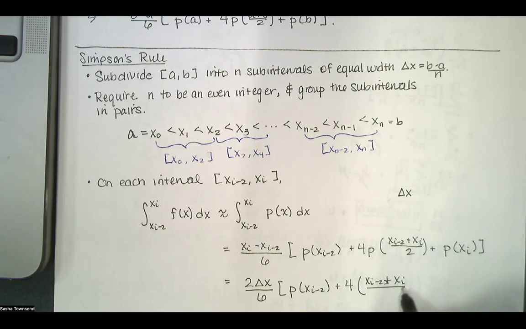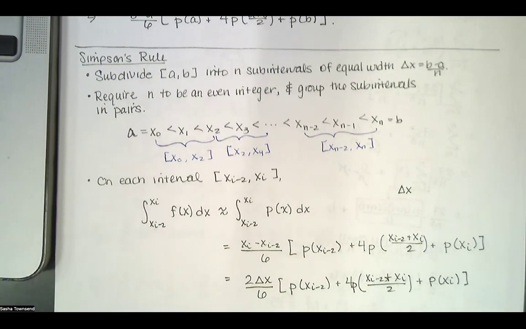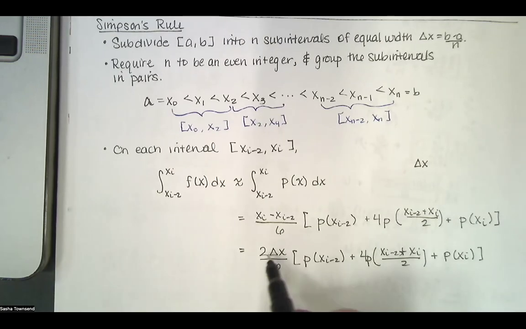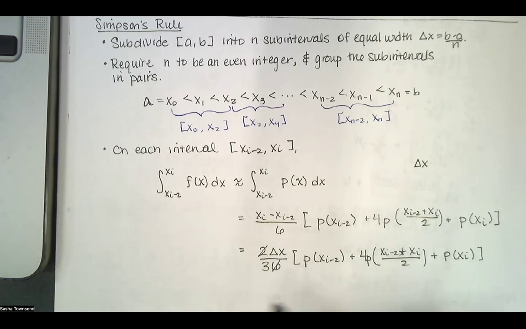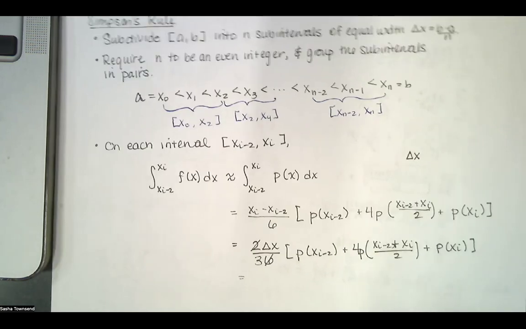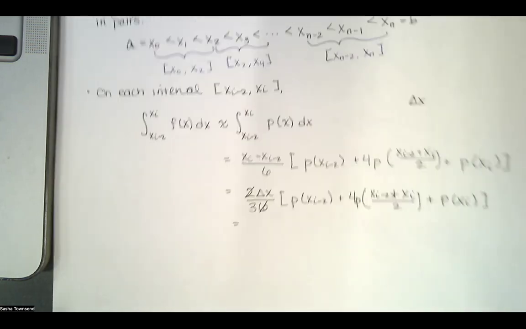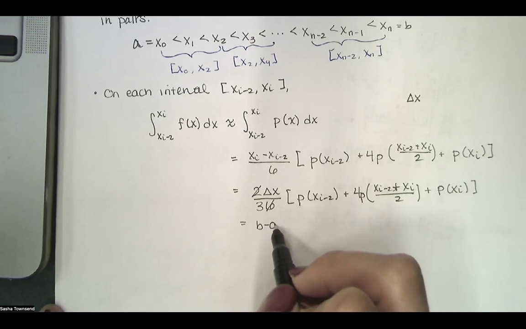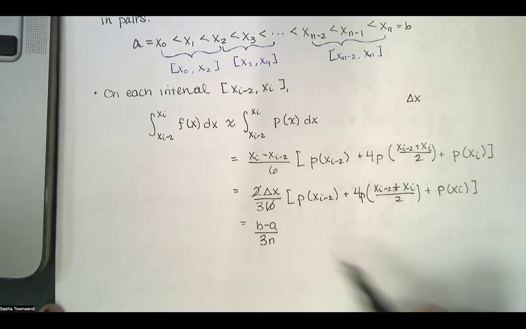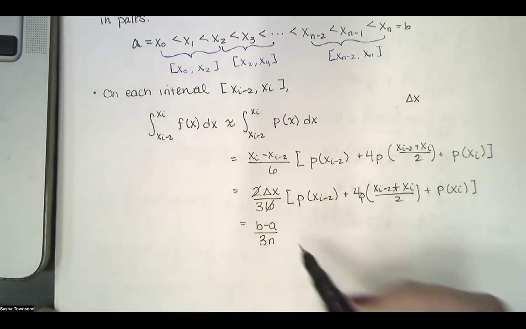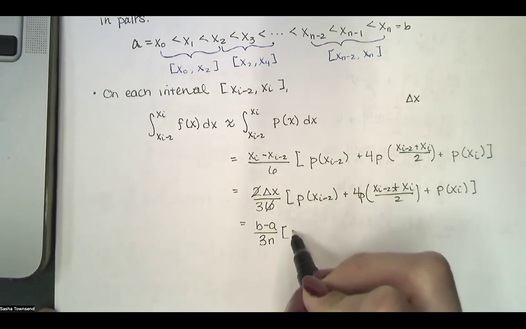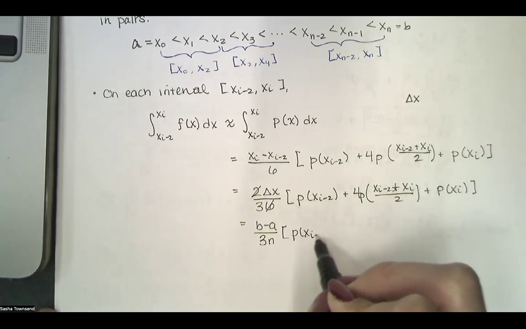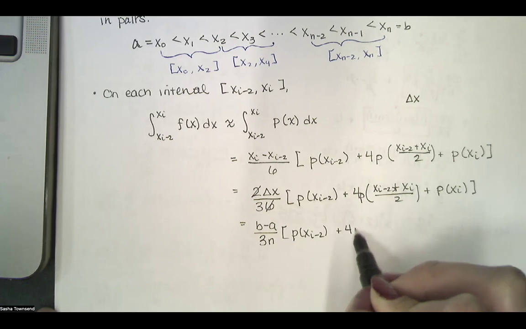The subscripts make it look worse than it actually is. Now 2 goes into 6 3 times, and delta x is also b minus a over n for the larger interval. So we end up with b minus a over n times 1/3, so b minus a over 3n times this for each subinterval.